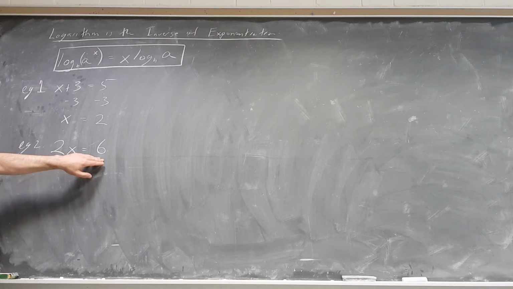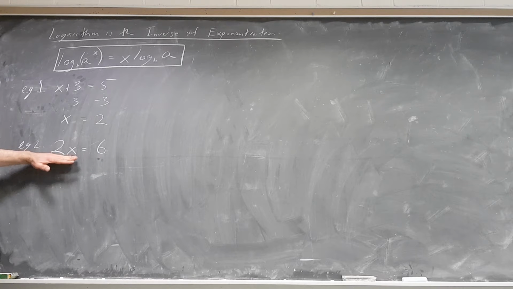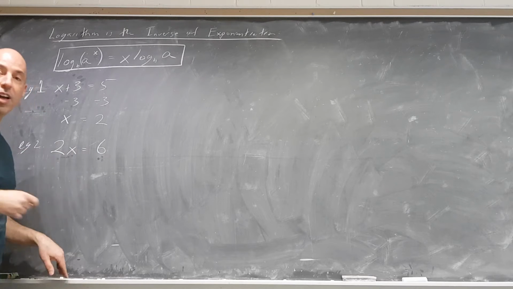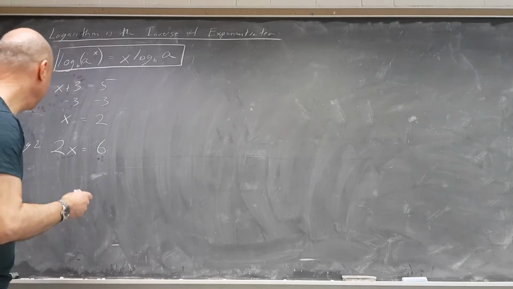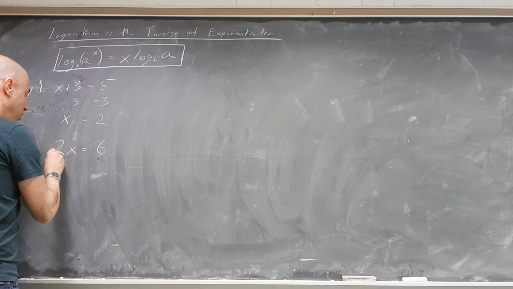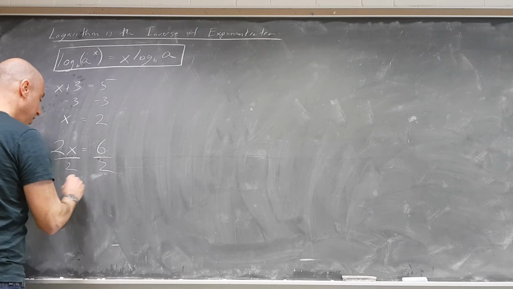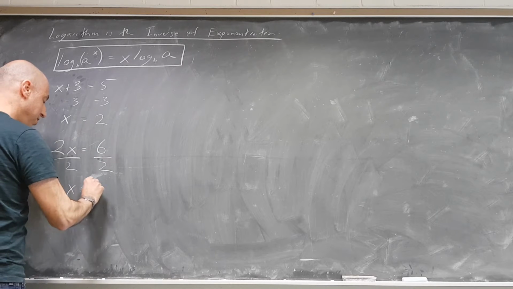Two x equals 6. Since we have multiplication here, you know how to get x by itself. You use the inverse of multiplication. The inverse of multiplication by 2 is division by 2. And so you end up with x equals 3.